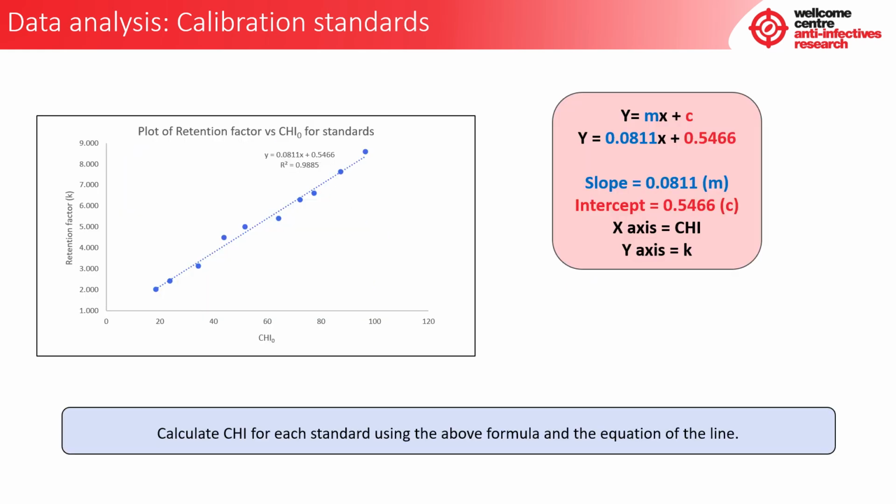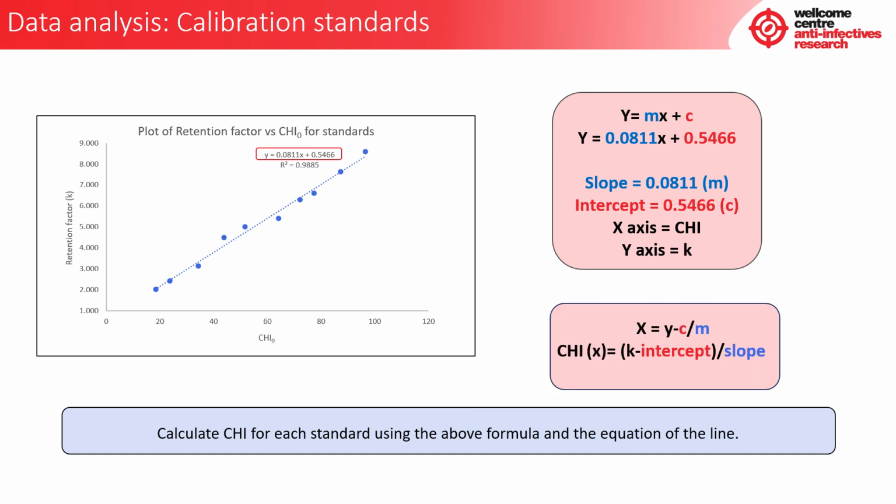We can now calculate chi for each standard using the above formula and the equation of the line. For a linear regression curve, the equation of the line follows the formula y equals mx plus c. For our line, our equation is y equals 0.0811x plus 0.5466, where our slope is 0.0811, which is also called m, and our intercept, or c, is 0.5466.